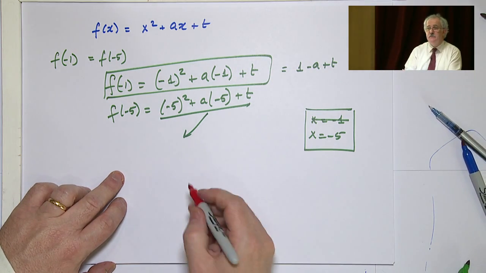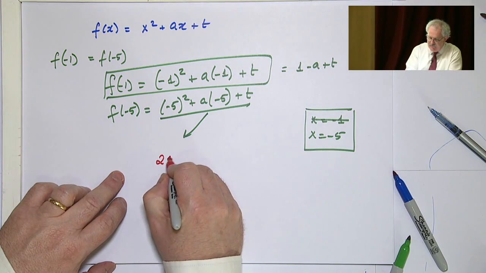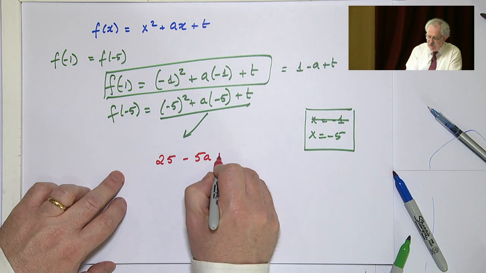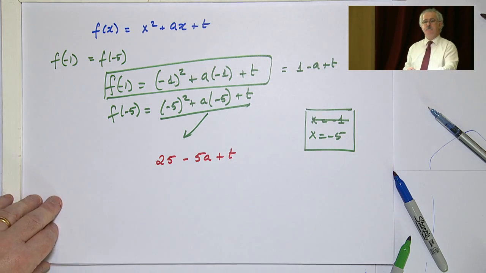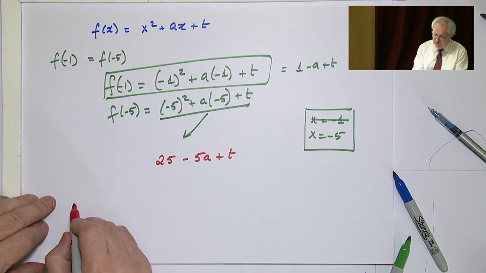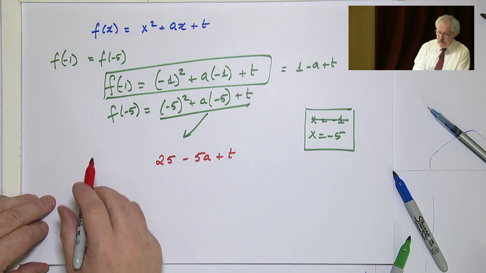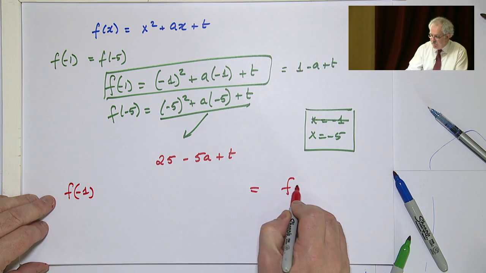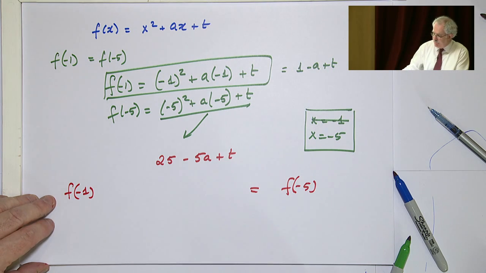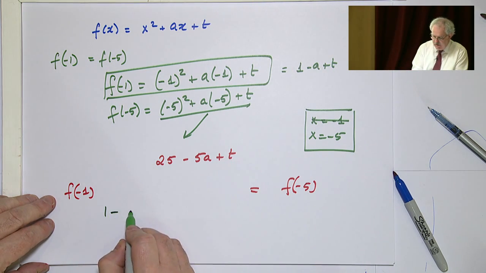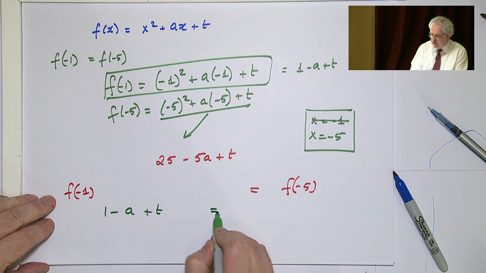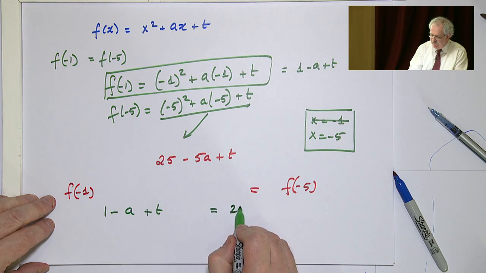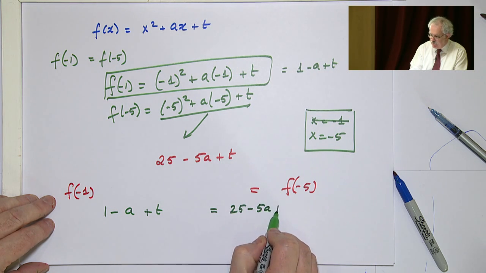Minus by minus, plus. So I get 25 minus 5a plus t. And I am told that these are the same. If f of minus 1 equals f of minus 5, then 1 minus a plus t must equal 25 minus 5a plus t.